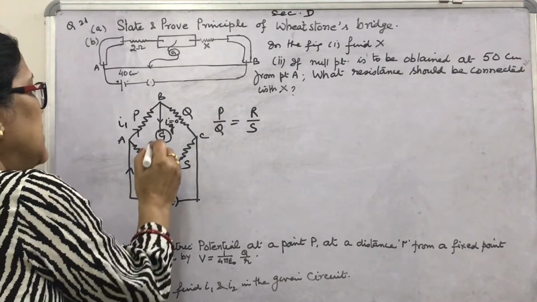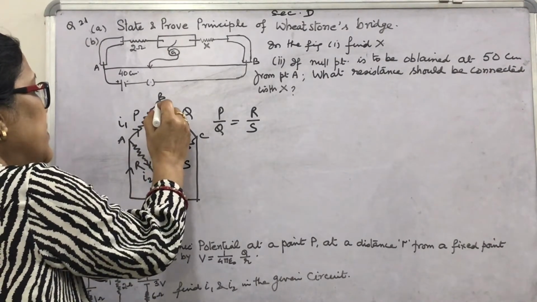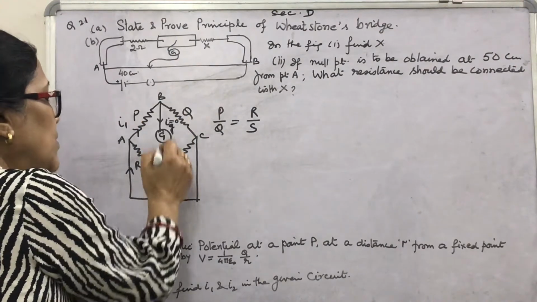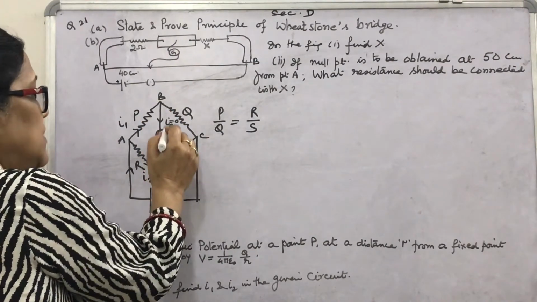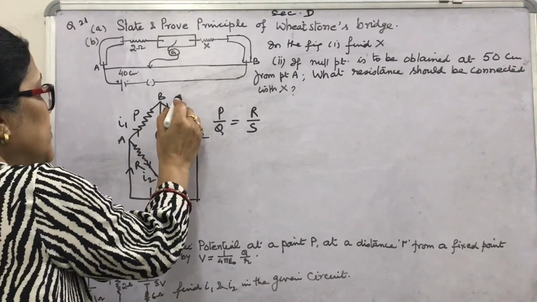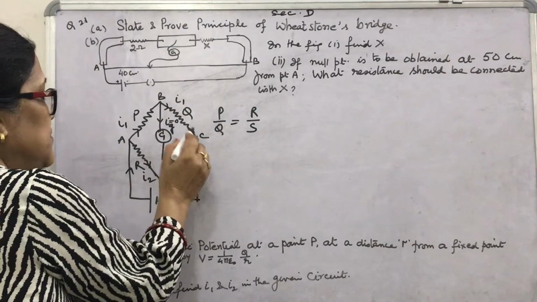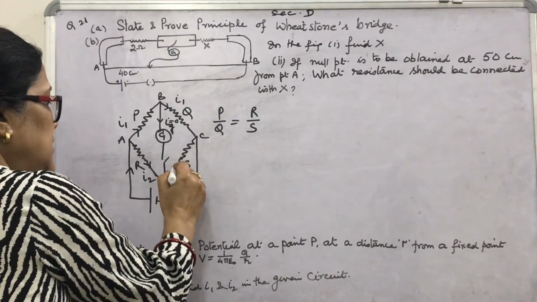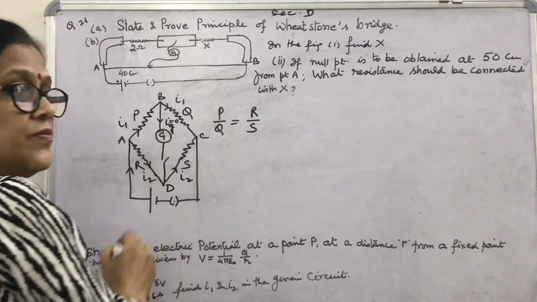Then this I1 will move further and reach point B. Since there will be no current in the galvanometer in the balanced state, this I1 will continue to flow through path BC. Here this I2 will flow through DC.